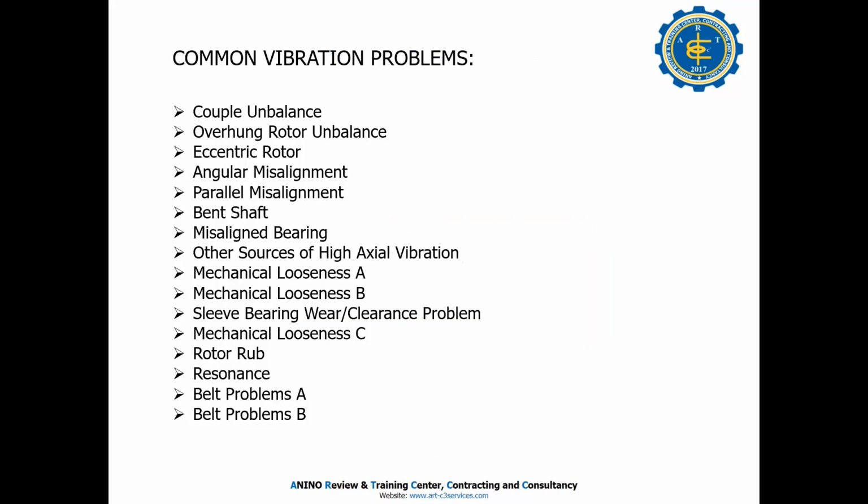So common vibration problems: we have couple unbalance, overhang, eccentric rotor, angular misalignment, parallel misalignment, bent shaft, and many more problems. But actually, when I worked in Saudi Arabia, I did not encounter all of these, because not all equipment have problems with this.